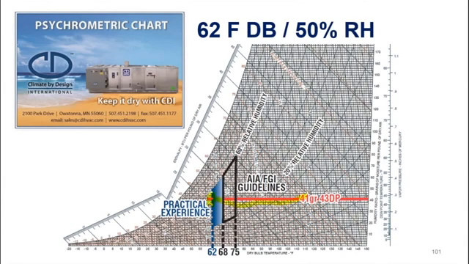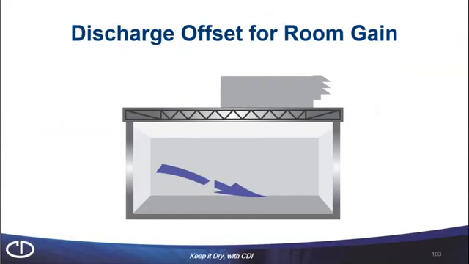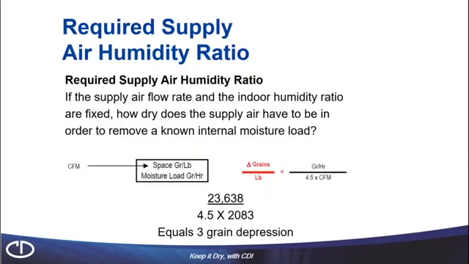This is the control condition that we're trying to get to, 62 degrees, 50% relative humidity, 41 grains. That's what we're going to try to hold the room to. If we have our outside air condition, our 62 degrees, 41 grains, 50% RH, it's 20% outside air. That is our mixed air condition. Again, what supply condition do we need to get to that's discharged at an offset for this room gain?